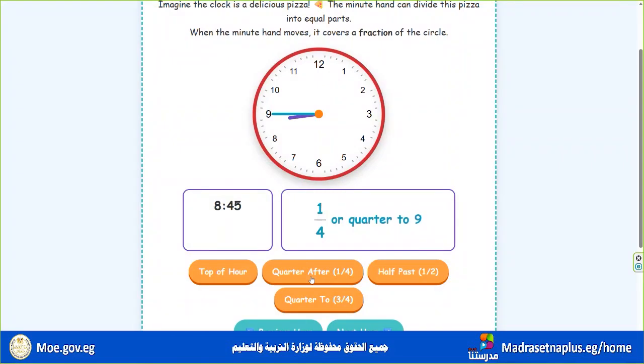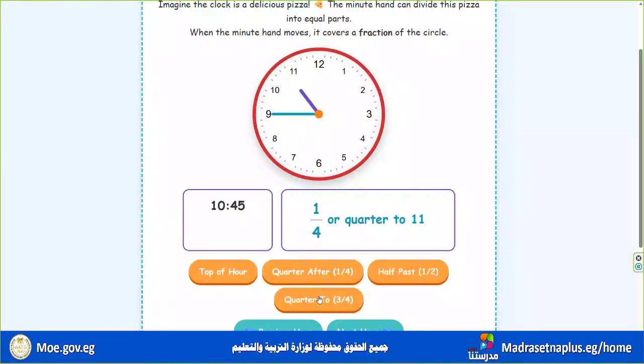Now let's compare the quarter past and the quarter to. Look at this one. 8:15, quarter or fourth after 8. Now fourth to 9, fourth after 8, fourth to 9, fourth to 10, fourth after 9, fourth after 10, fourth to 11.